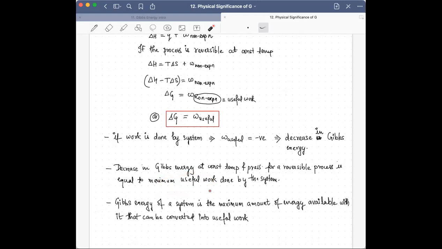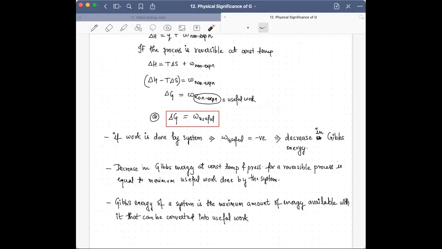That is the physical significance of this particular expression. Whenever there is a decrease in Gibbs energy, you can expect the process to be spontaneous, and it will continue till you have delta G equals 0. Till that happens, the useful work will be remaining with the system, and the spontaneity will continue.